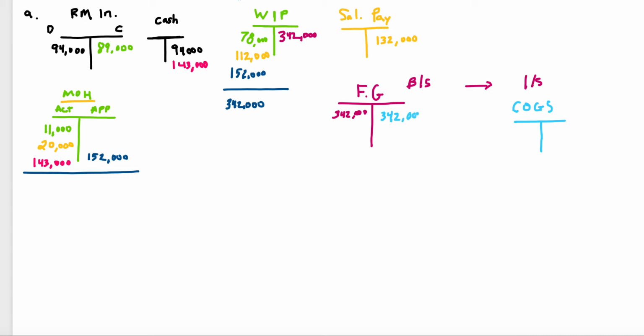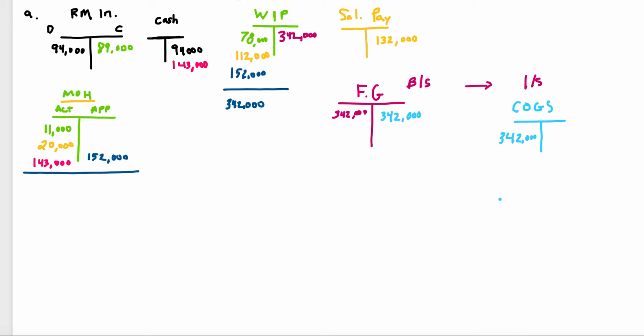I'm going to credit it because it's decreasing, and basically in order to credit the finished goods account, I'm going to hit the right side of the finished goods T account, and it's going to flow over to the income statement. And what I need to do is debit my cost of goods sold account for the same amount, $342,000. Okay.